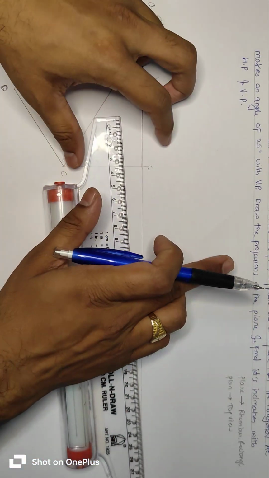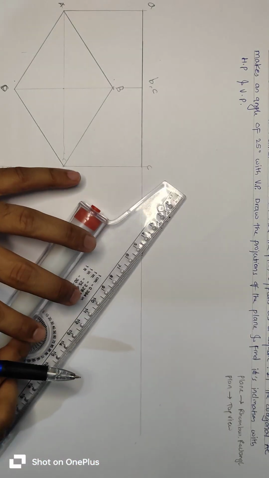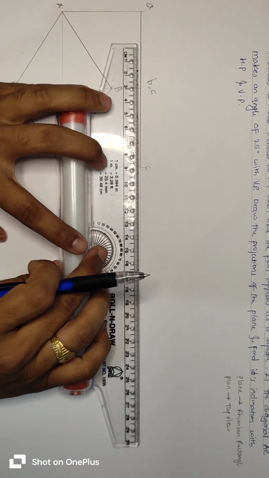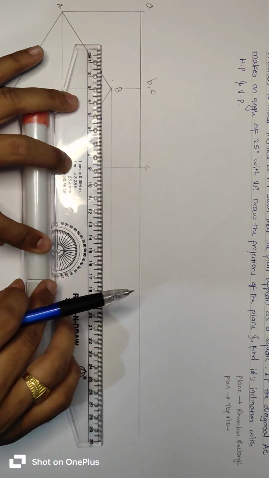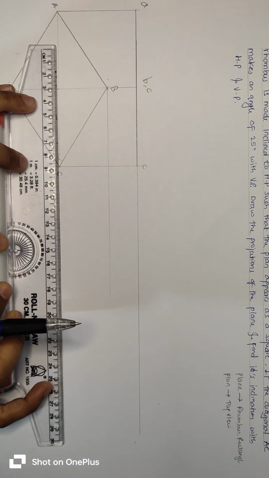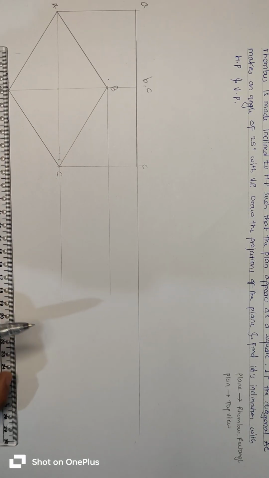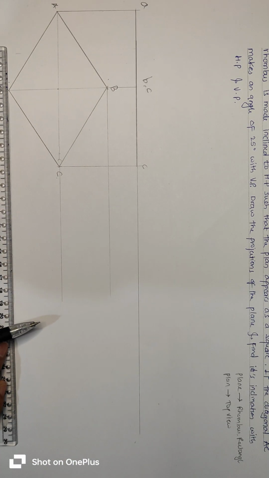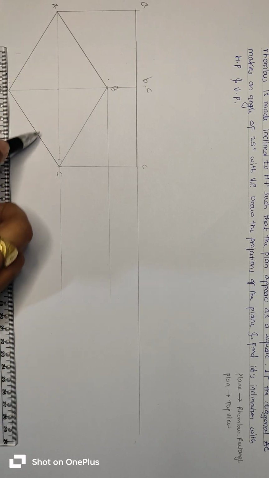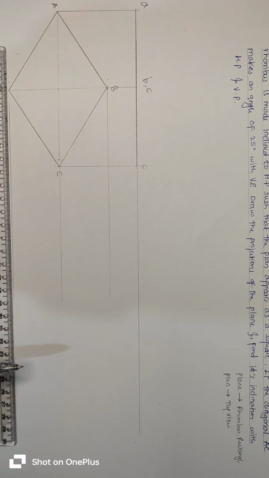Then the rhombus appears as a square in the second stage. It means that in the second stage top view, the vertical height of the top view remains the same, but the horizontal length decreases such that the rhombus appears as a square. It means both diagonals become equal, but the vertical diagonal remains the same.